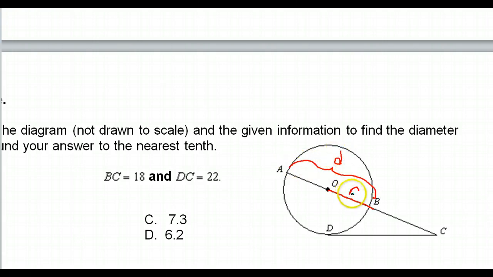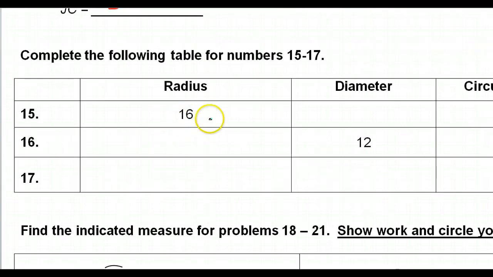So of course the radius is half the diameter, and the diameter is double the radius. So if the radius is 16, the diameter is going to be 32. Just got to double it.